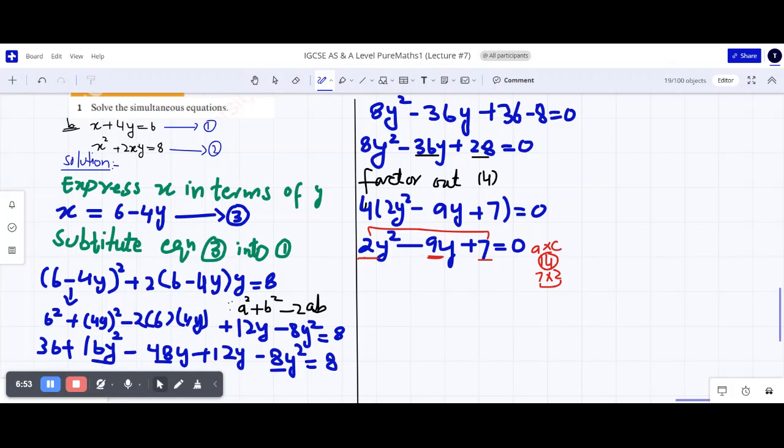The product of the factors should be 14, and their sum should be minus 9. So minus 7 minus 2 would be minus 9.